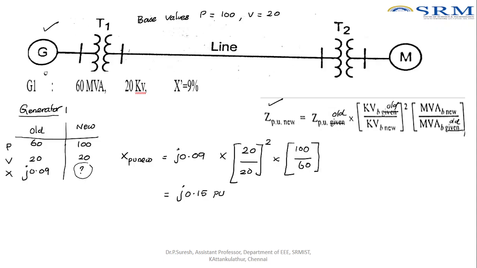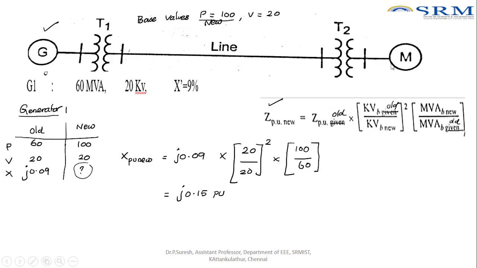Now we calculated the new value of reactance for the generator. And you should understand that the base power is taken as 100, which is nothing but the new power. The new power is common for all the components. When you take the generator, new power is 100. When you take the transformer, new power is 100. For the transmission line, 100. For this transformer T2, 100.